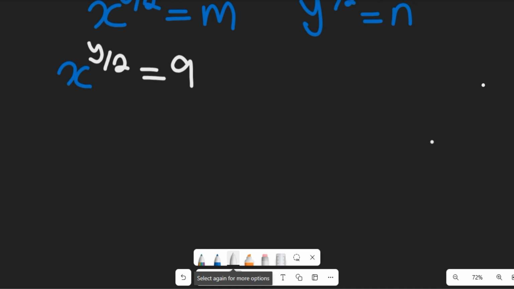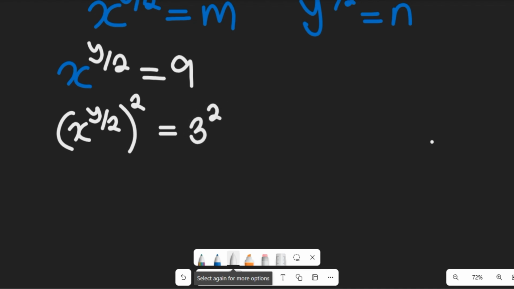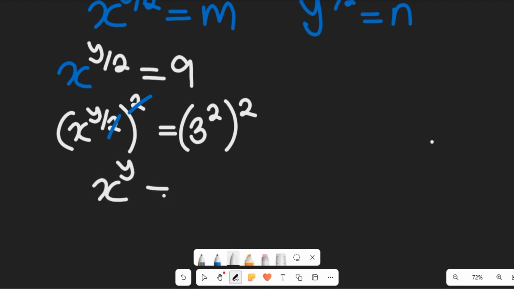If I take the square of both sides, this expression will give me x to the power of y divided by 2 all squared, and this will be equal to 3 to the power of 2, which I know is 9, all squared. So what do we have? This will cancel out this, and then simplifying, this will multiply this, and then we'll have 3 to the power of 4. So x to the power of y is equal to 3 to the power of 4.